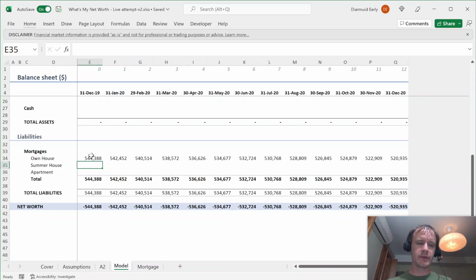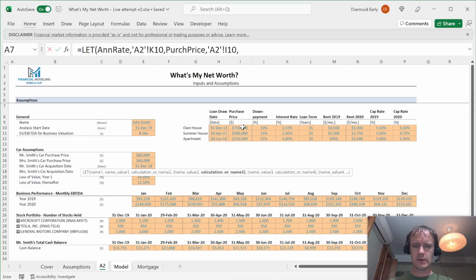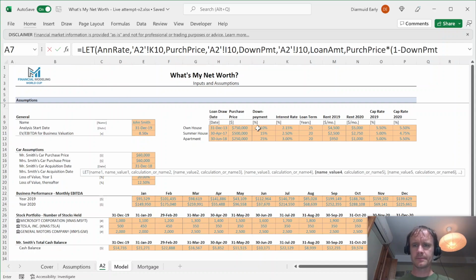Let's say that rather than figuring out the balance, we want to figure out the mortgage payment. Then here's what I mean by how you can document your formula. So if I said LET annual rate be this, and purchase price be this, and down payment be this, and then let's say I want to work out what's the loan amount, and I'm going to say that is purchase price times 1 minus down payment.